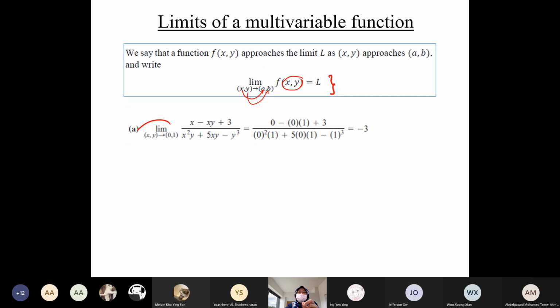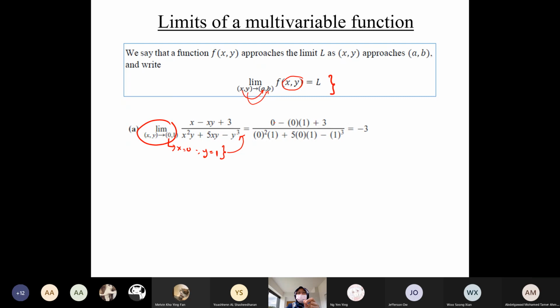But you can see here you have a limit of x, y approaching 0 and 1. So x is equal to 0 and y equal to 1. These two values of your variables you can substitute into this equation.